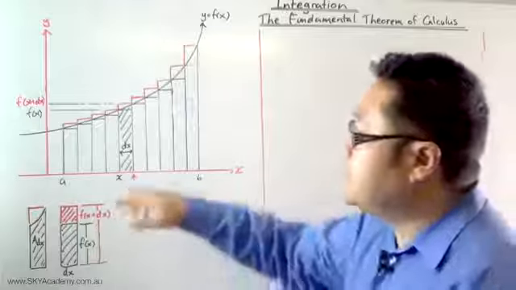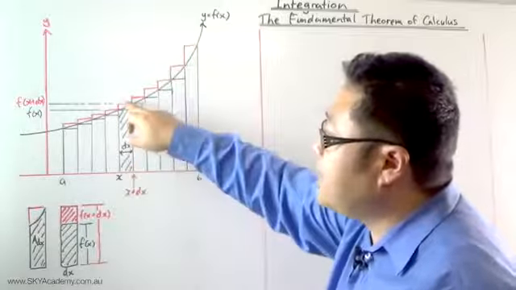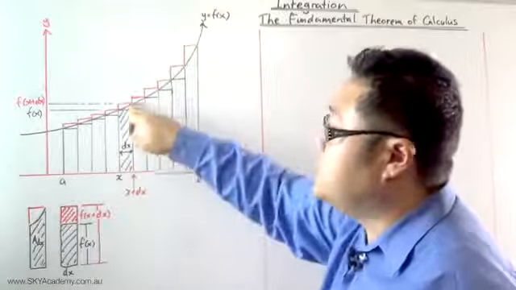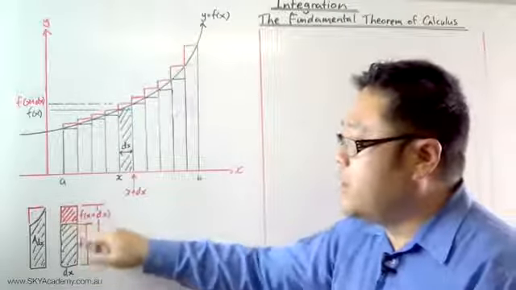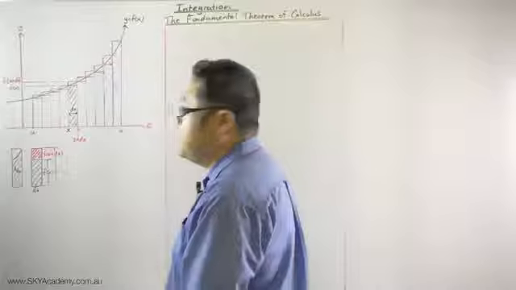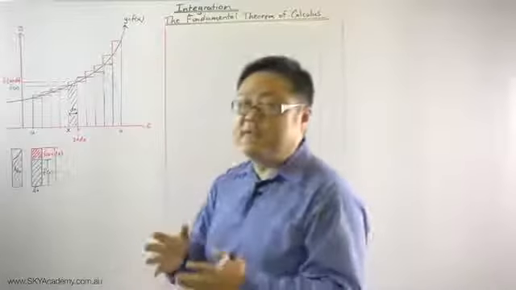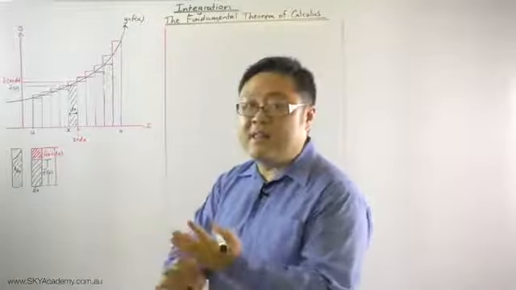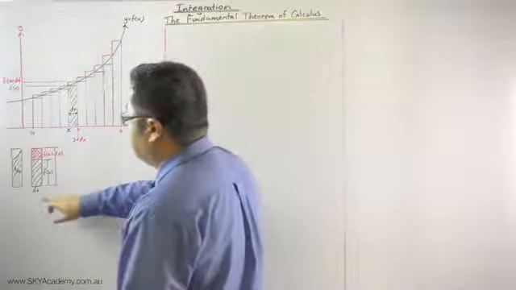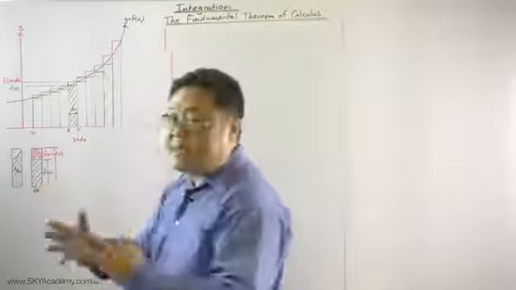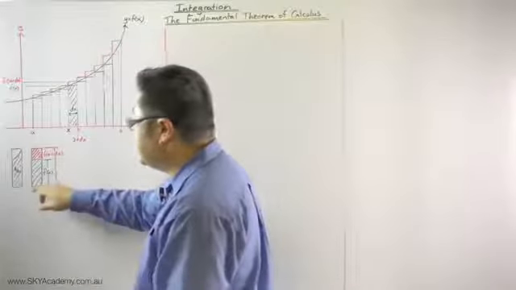So let's work out the area of one of those strips. In order to work out the area of each of those rectangles, we're going to use the formula for the area of a rectangle, which is length times breadth. We know that the breadth, or the width, of the rectangle is dx, a little dx.